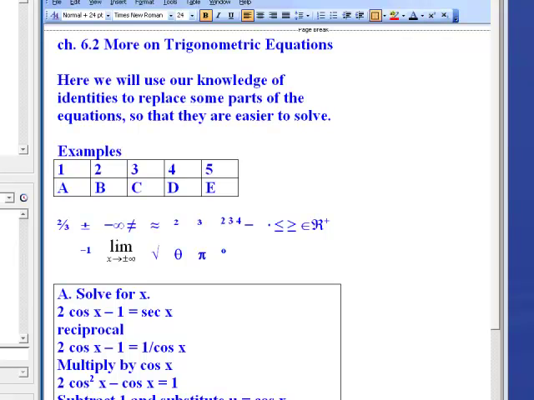And then, hopefully, we can factor. I do like the quadratic formula, but when I teach, if I can avoid it, the better.